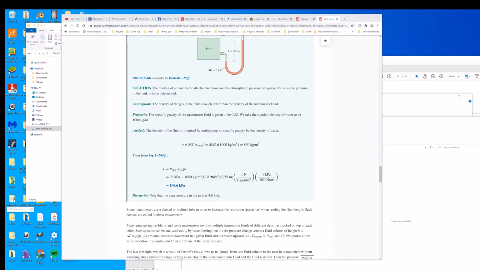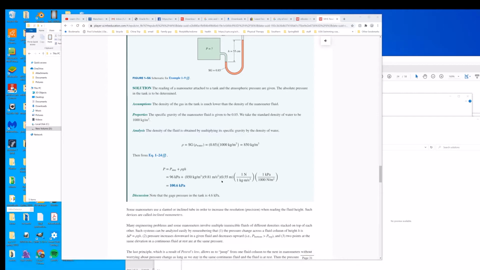And then here's our gravitational acceleration, and here's our density. And since it's in kilopascals, we need to convert it, right? So 1 kilopascal per 1,000 newtons per meter squared, and that gives us essentially here's my 96 kilopascals. Here's my 4.6. Okay, 4.6 kilopascals is all this part.